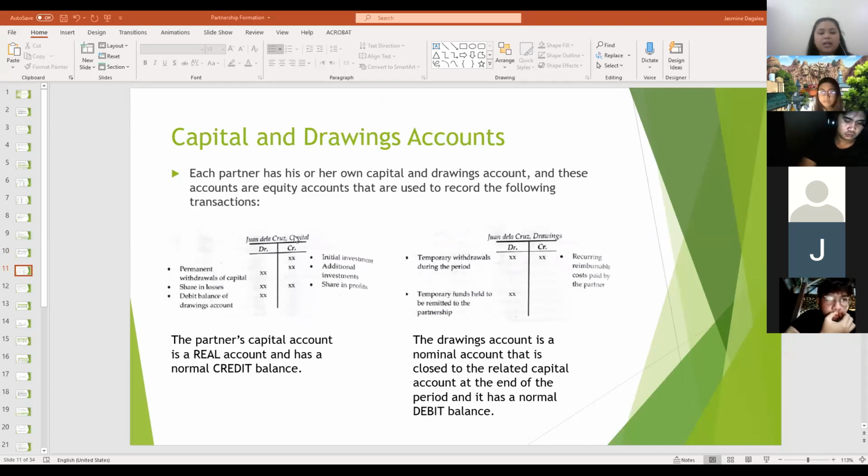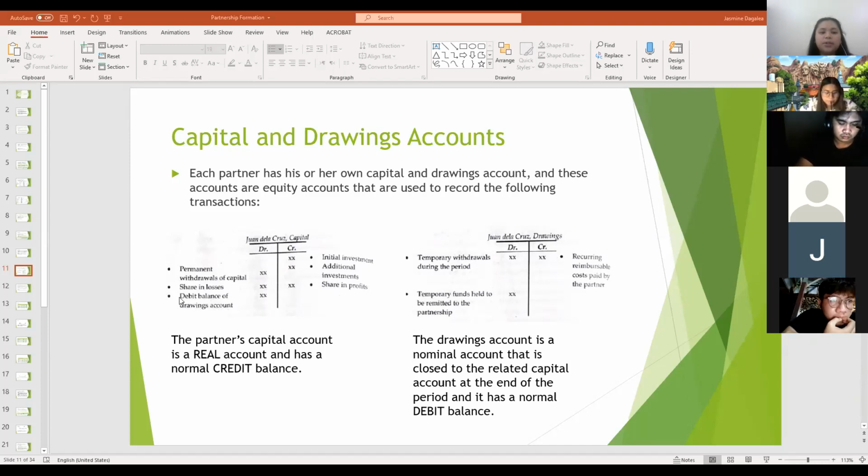So, let's say this is the T account of Juan de la Cruz Capital, debit credit, T account ang tawag dito. You will debit the capital account of Juan de la Cruz if there is permanent withdrawal of capital. You will debit if there is a share in losses. You will debit if there is a debit balance of drawings account.